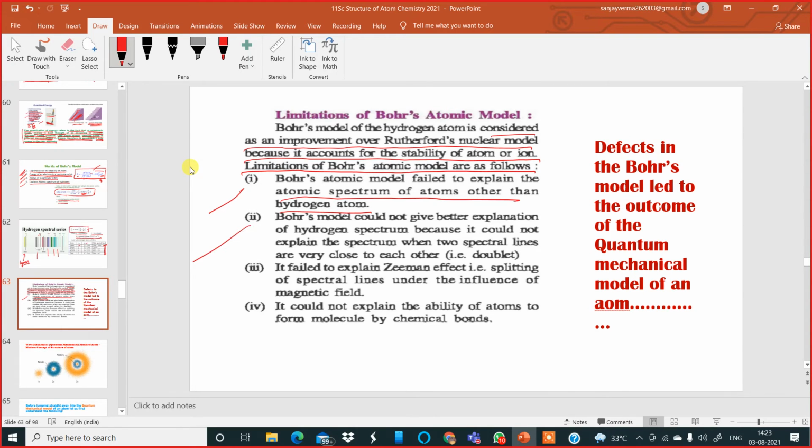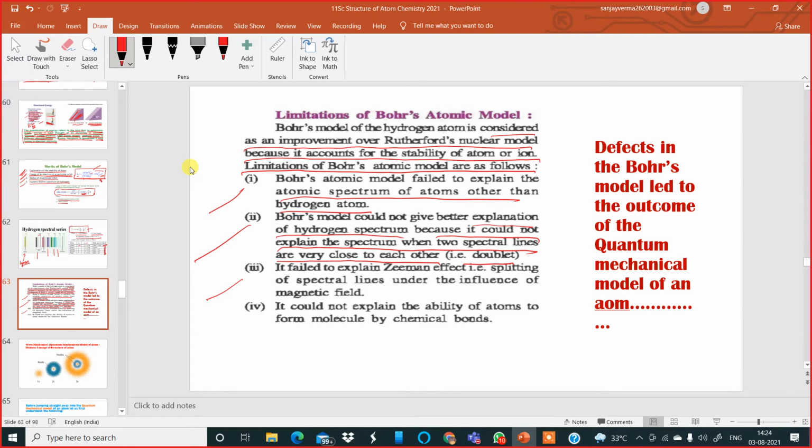Then number 2, Bohr's model could not give better explanation of hydrogen spectrum because it could not explain the spectrum when two spectral lines are very close to each other, whenever there is a doublet. So this could not be explained by the Bohr's model of atom. So this is the second limitation.